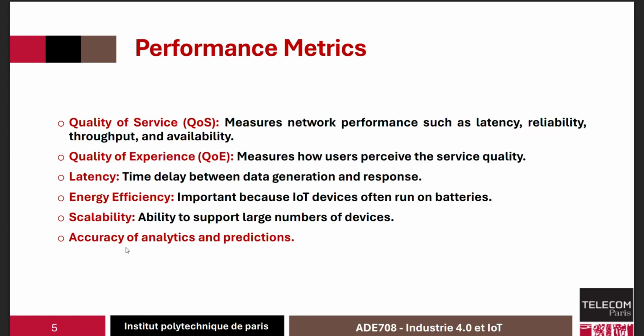With performance metrics, or what makes our IoT product performant, we have these main metrics. The first one is quality of service. It's the most important metric because what the user actually needs is a service that is functional and of high quality.